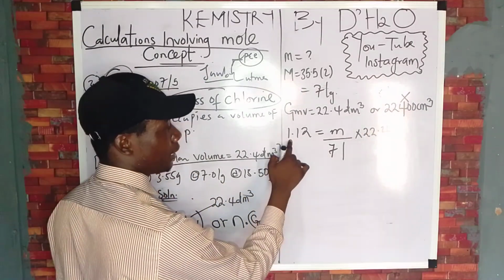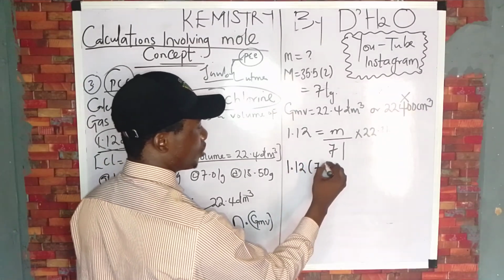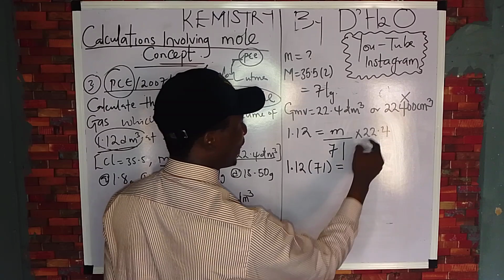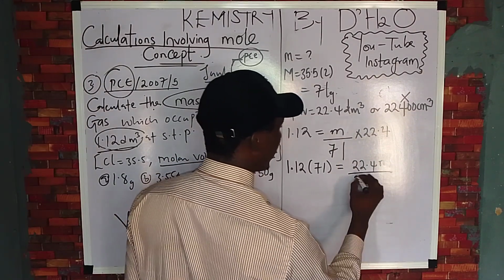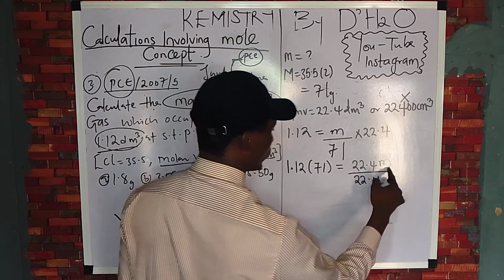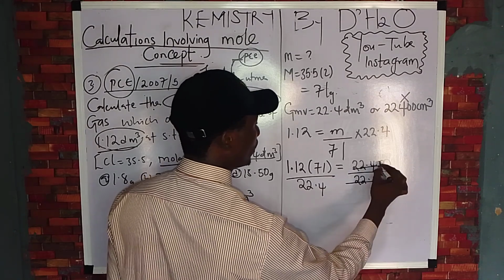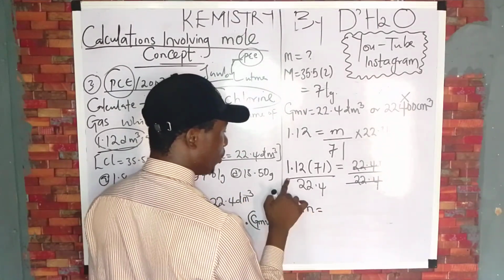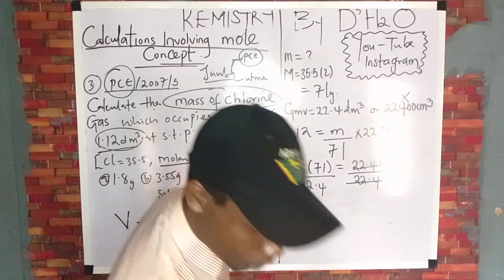You can cross multiply here to give you 1.12 multiplied by 71 equals 22.4 multiplied by M. And then you divide both sides by 22.4 to get your M. So this cancels this. Your mass will give you 1.12 times 71 divided by 22.4.